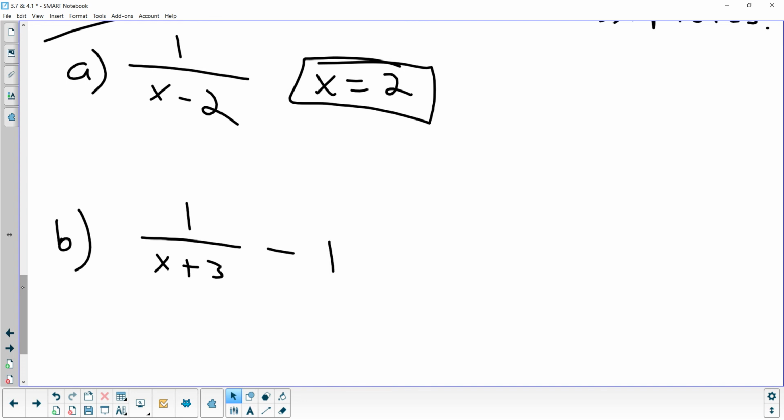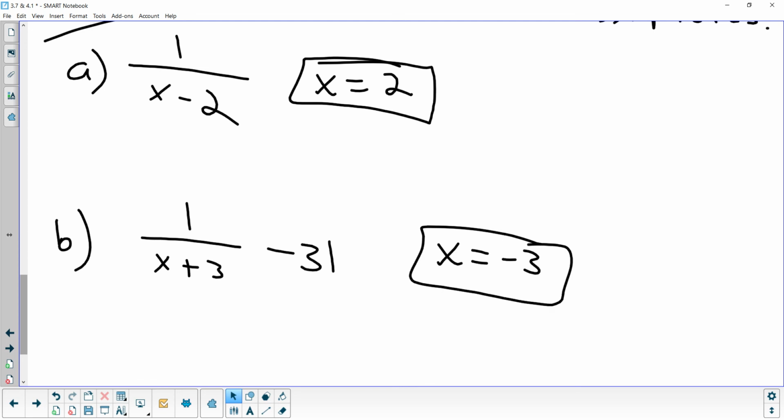Oh, x equals -3. Perfect. What if I did this? What would be the equation of the vertical asymptote now? Yeah? X equals -3. How about now?